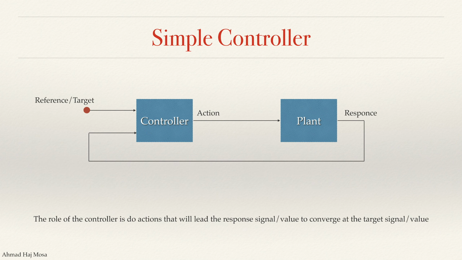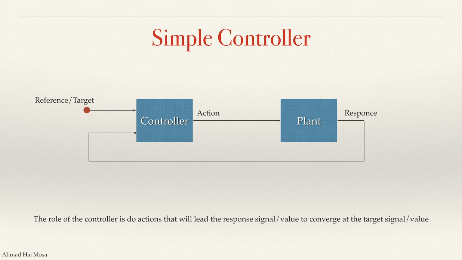So this is basically the general architecture of control systems, which has two subsystems, let's say the controller and the plant. The controller is actually us, what we were doing now when it comes to controlling the speed of the vehicle. The actions here, actually the output of our controlling, is the thrust force or the throttle that we are giving the car. And the plant is the model of that car.